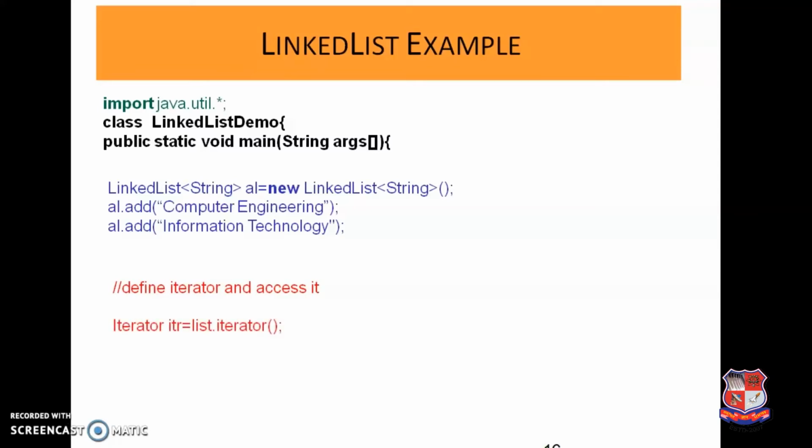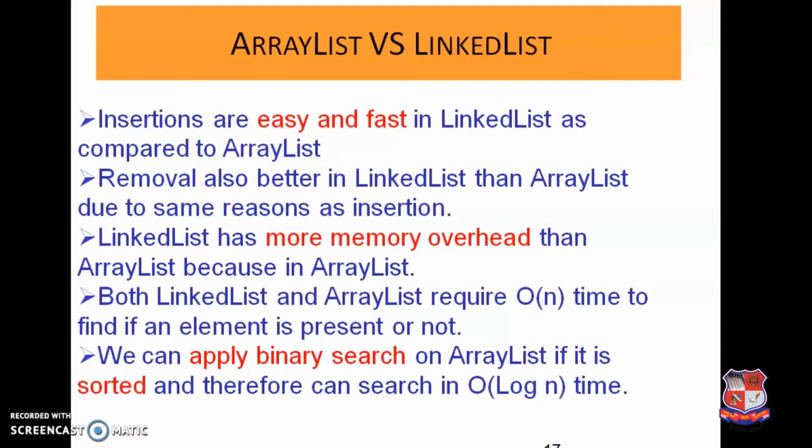So a linked list is also collection, we can say, and it provides us implementation of iterator method, and iterator will give us iterator object, and with the iterator object in same way we will access all elements of linked list. So this is the example of linked list, and then after we can also compare what is the difference between array list and linked list.